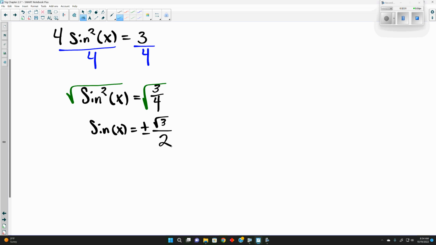Now, since we do have the plus or minus, we actually have 4 values that show up on the unit circle. And since it's sine, it's a lot nicer, because it'll tell us directly what it is. We just have to look at the y value. So we're looking at positive or negative square root 3 over 2. So we have that x is pi over 3 plus 2 pi n.